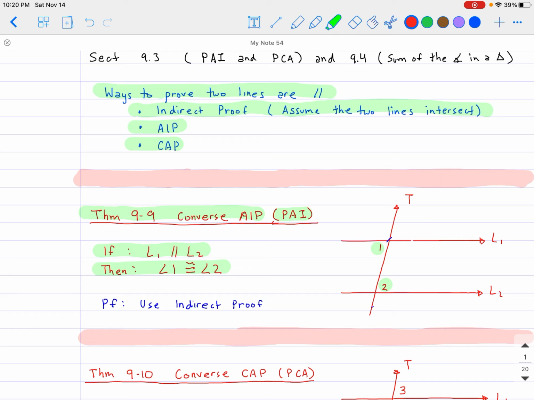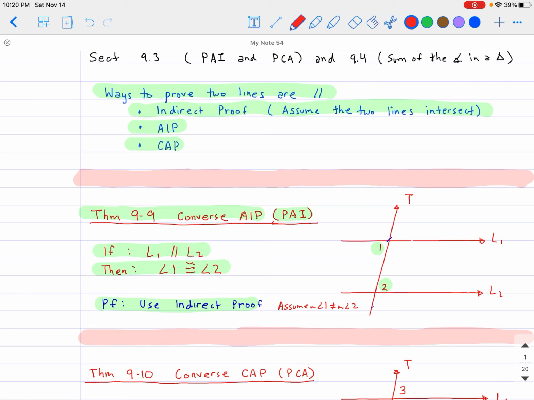Well, we're going to go ahead and do this one indirectly, because indirect proof seems like it's something that's been working so far. So why not just go ahead and keep with it? So like we said, we're going to do an indirect proof by doing the following. We're going to assume that the measure of angle 1 does not equal the measure of angle 2. So that means that they're not equal to each other.